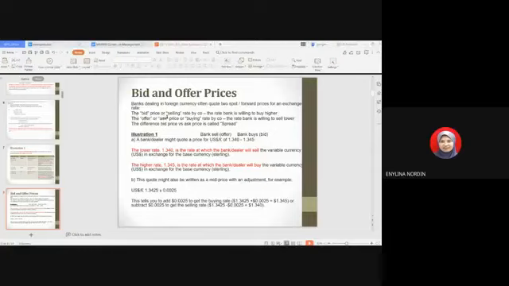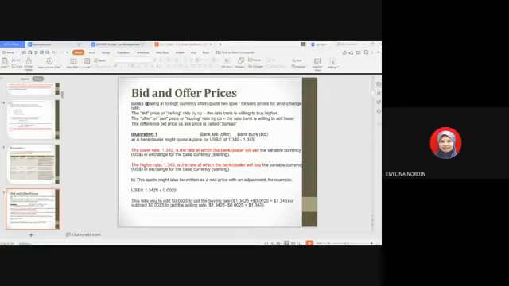The bid price, or selling rate by the company, is the exchange rate the bank is willing to buy at. The offer or ask price, or buying rate by the company, is the rate the bank is willing to sell at.